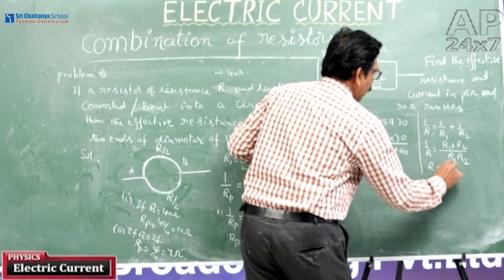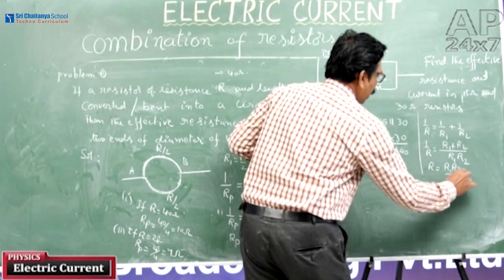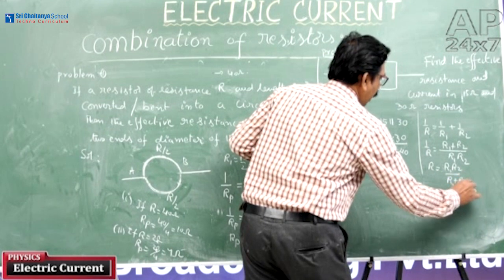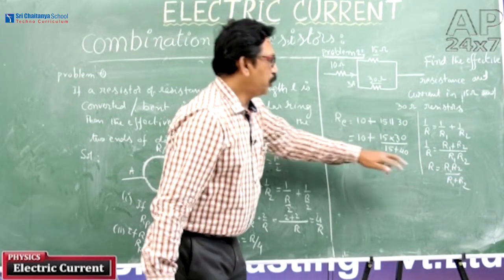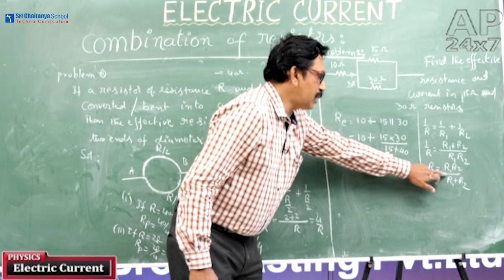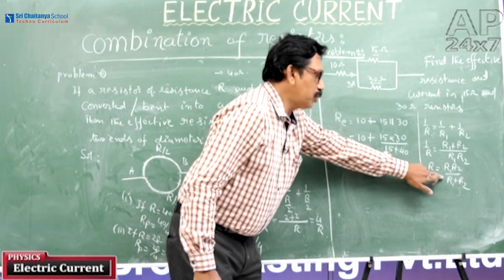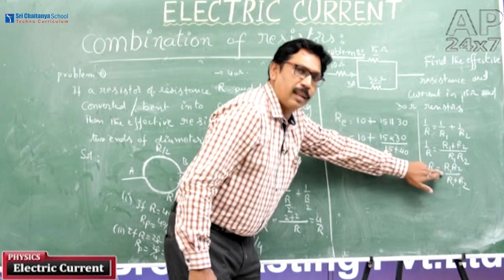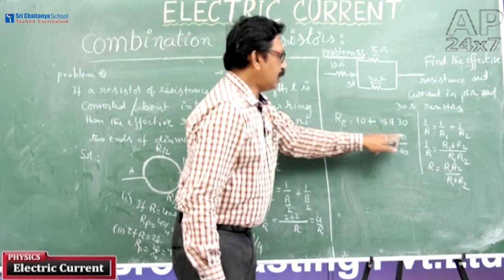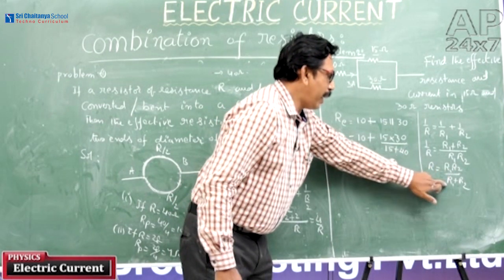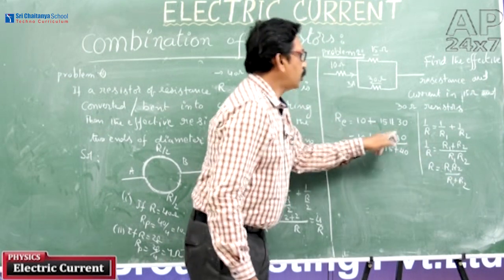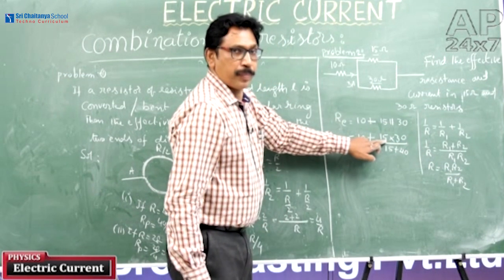Therefore, R is equal to R1 into R2 by R1 plus R2. Please use this only for two resistors when they are connected in parallel. So effective resistance is equal to R1 into R2 by R1 plus R2. I am using the same over here.